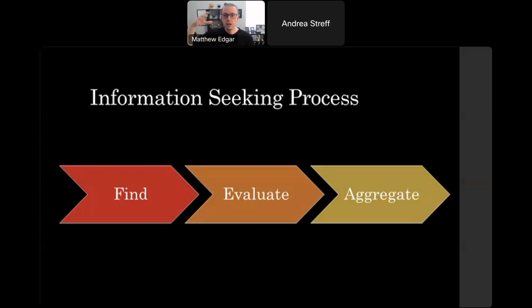Which of those sources are actually good, or worthwhile, or helpful, or up to date, or current? Which of those sources can I actually use to potentially answer my question? Then, after we've evaluated those sources, we have to go through all the sources we've picked out that seem worthwhile, and extract the information that seems like it will answer our question. And we have to aggregate all the different information contained in those sources to find the answer to our question. So find, evaluate, and aggregate are the three main steps of the process.